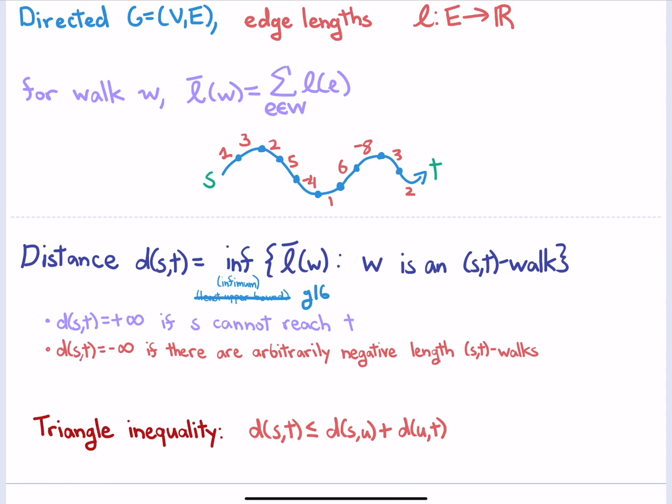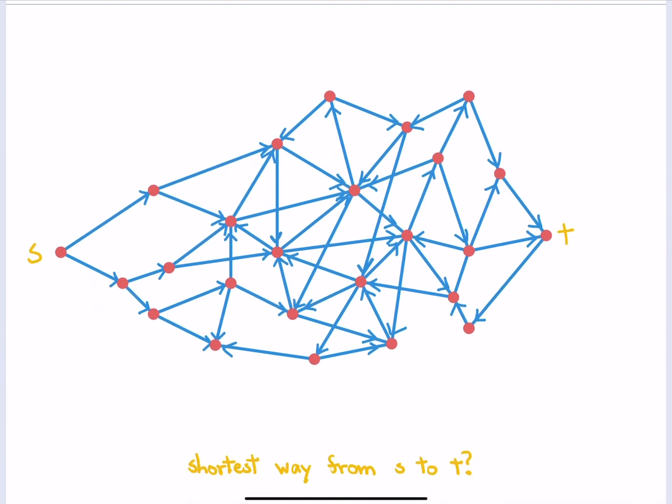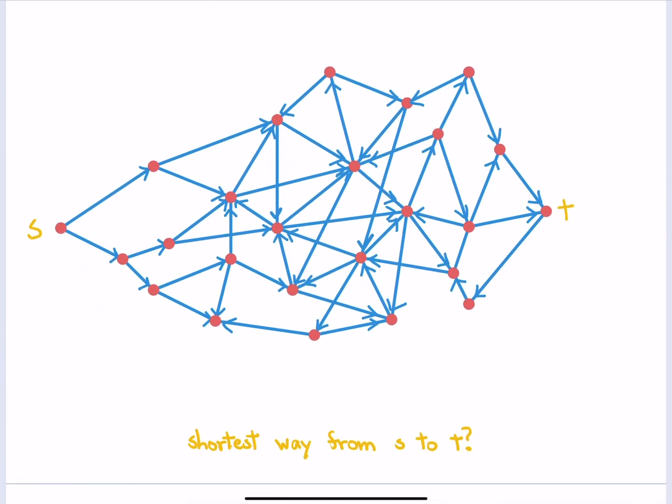So our goal at some level is just to try to compute these values d(S,T), which are mathematically cleanly defined. Okay, this is just a mathematical definition. It says nothing algorithmic. All right, so how?